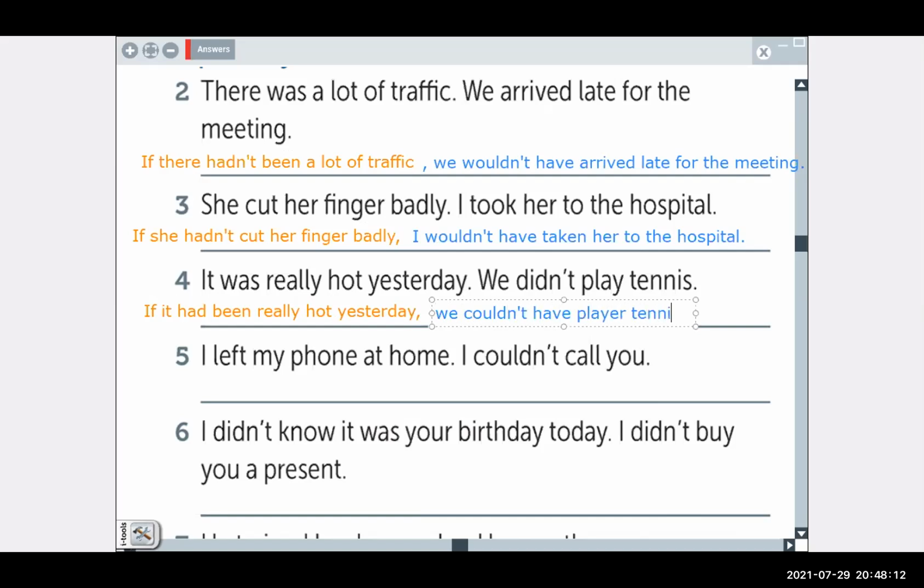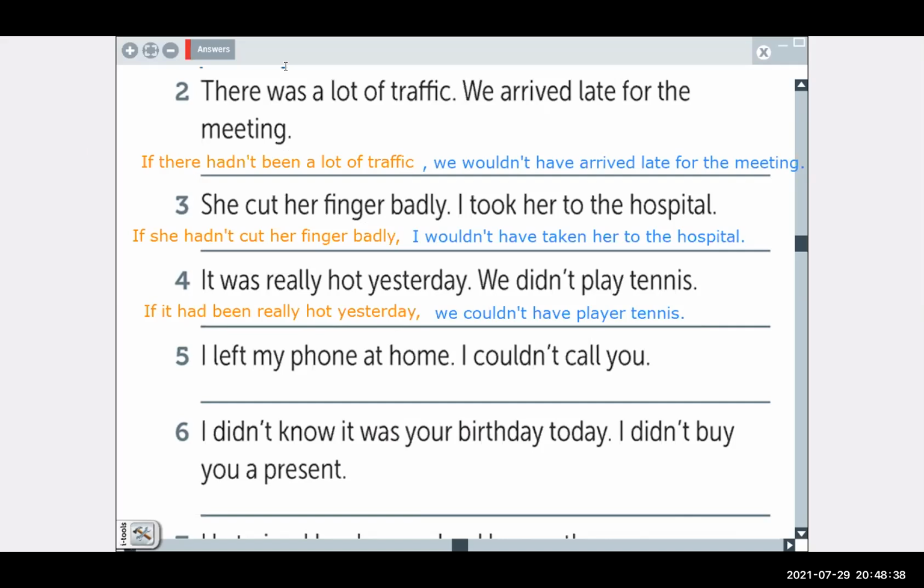¿Qué significa su oración, Leonardo, en español? Ayer no hubiera hecho mucha calor. Pero no dice no hubiera, dice hubiera. Ah, si ayer hubiera hecho mucha calor, no habríamos podido jugar tenis.